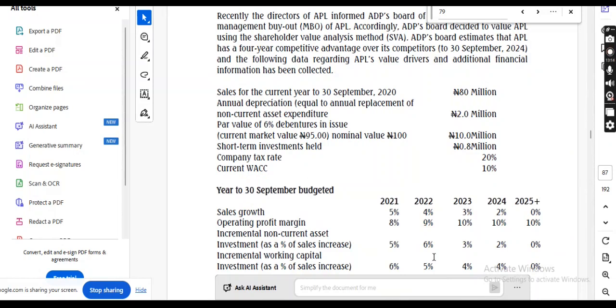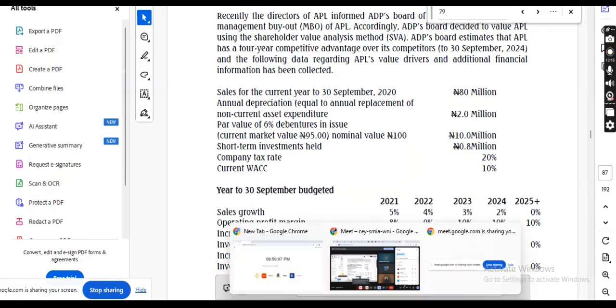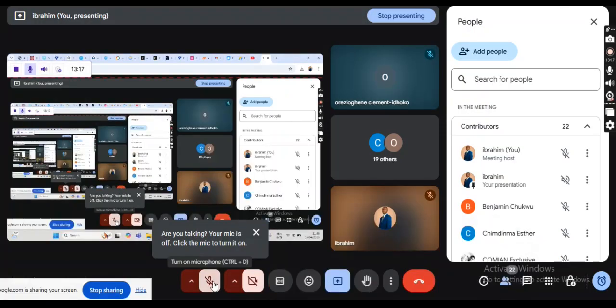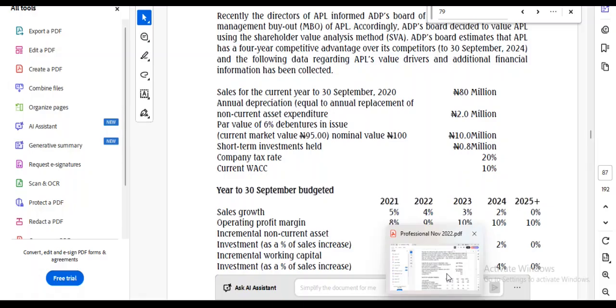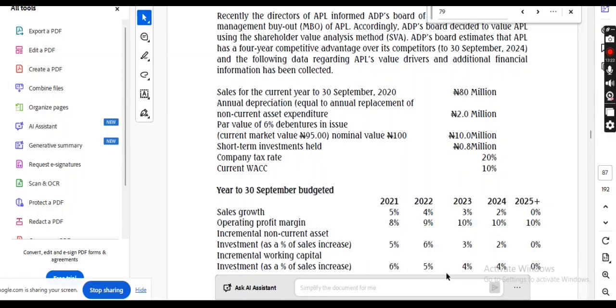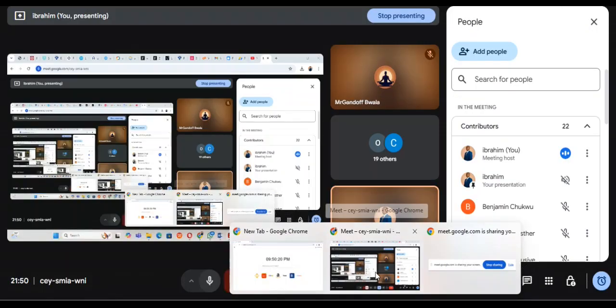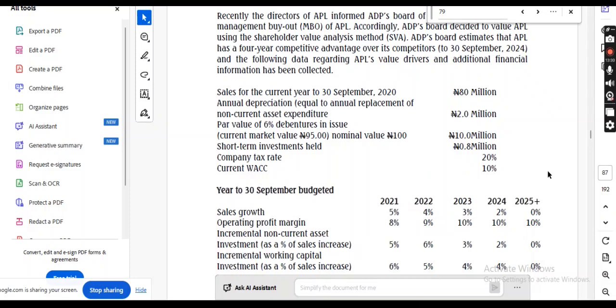Can you see it? Please confirm if you can see the question. Okay, that's fine.